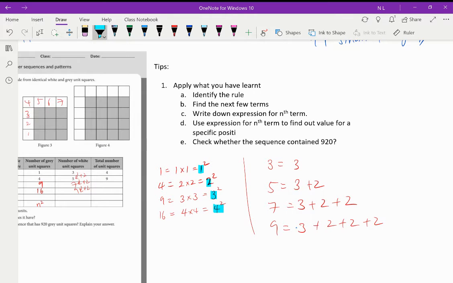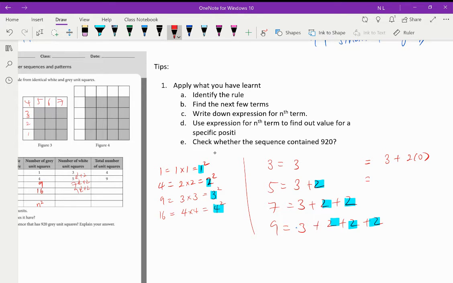You notice how many 2's there are when we look at the next figure. For the first term, there's no 2, so I can write 3 plus 2 times 0.